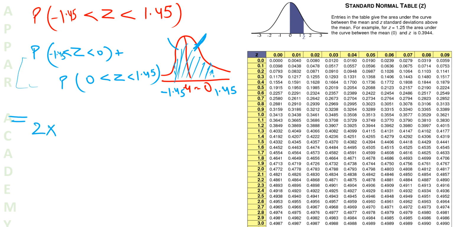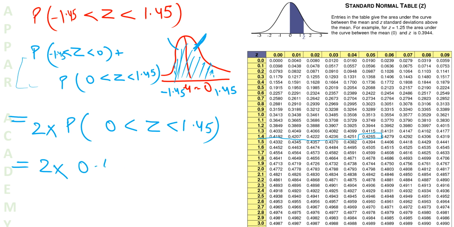So this is 2 times the probability that Z lies between 0 and 1.45. Again from the table, 1.4 is over here and 0.05 is here. This part is 0.4265. So this gives us the value 0.853, right?